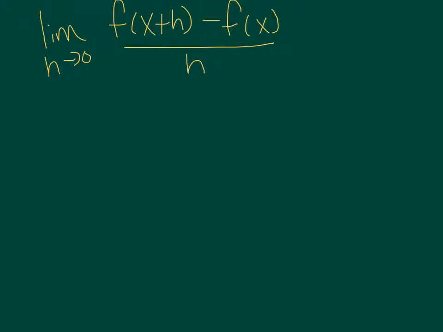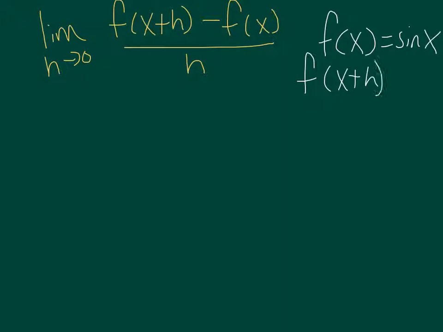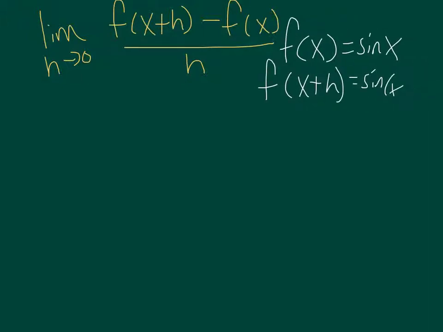We're going to start off with the definition of a derivative. That's the limit as h approaches 0 of f of x plus h minus f of x, all over h. And in this case, we're going to use f of x equals sine x, and that'll make our f of x plus h sine of x plus h.